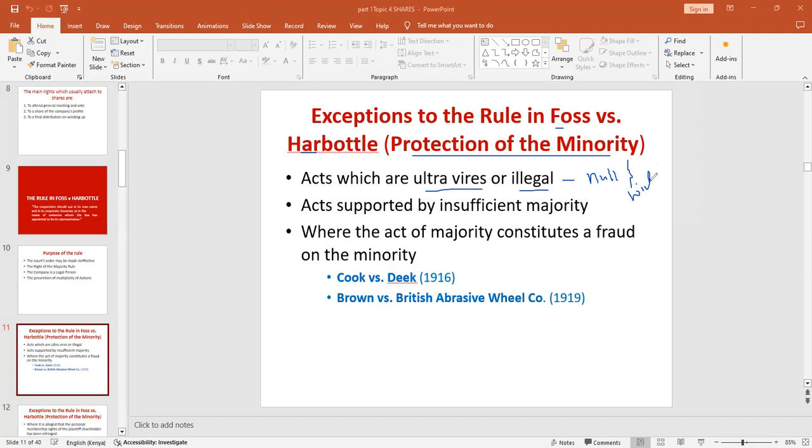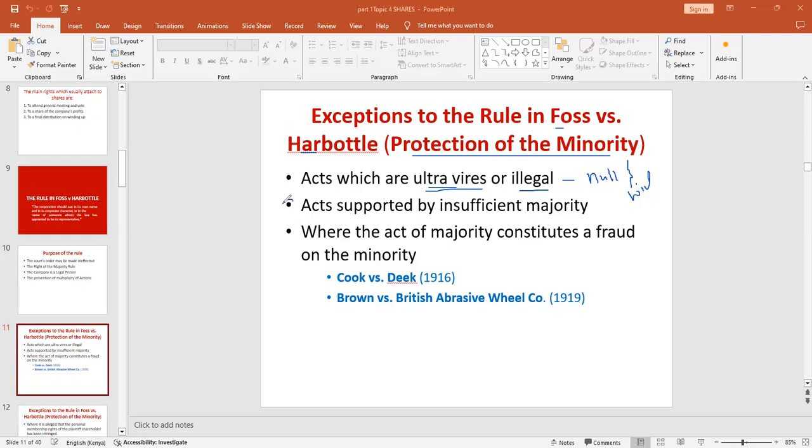For example, if the company is an IT company, but the majority shareholders vote for the company to take up a contract to build real estate, even if they've already voted, a minority shareholder can say, no, that decision goes against our memorandum of association, which renders the decision ultra vires. So even if you're a majority, you are not going to win.